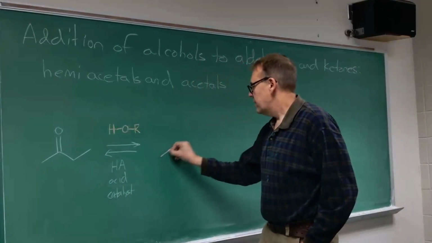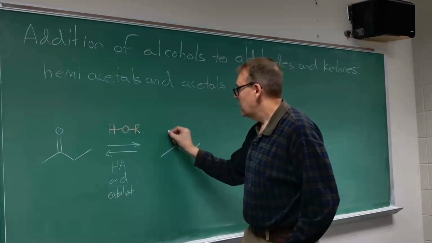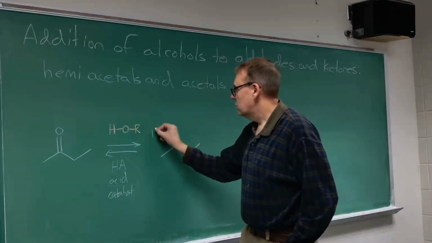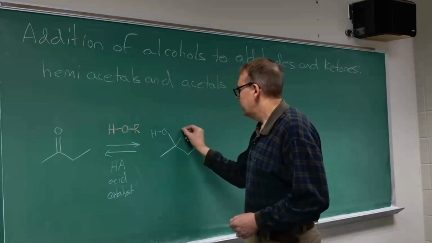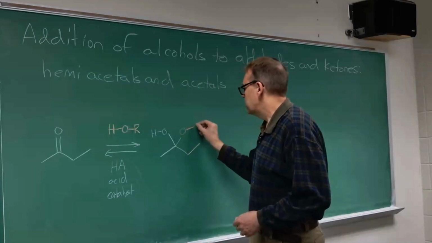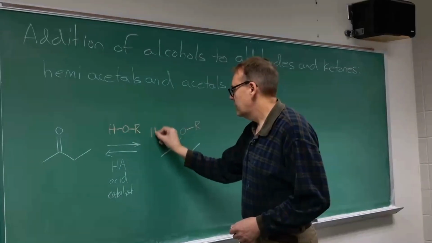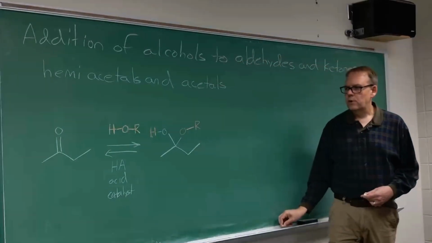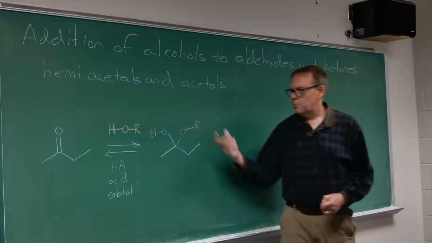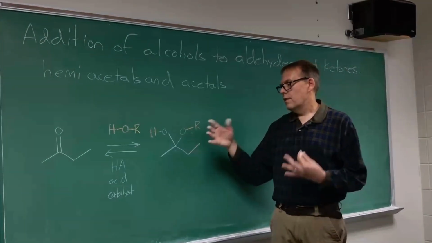But what comes out of this, in equilibrium with the starting material, is this molecule, where we've added one of these alcohol groups. So that's how the equation balances out. You end up with the equivalent of alcohol that's been added to the carbonyl.